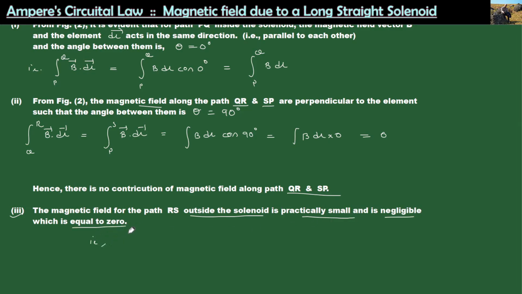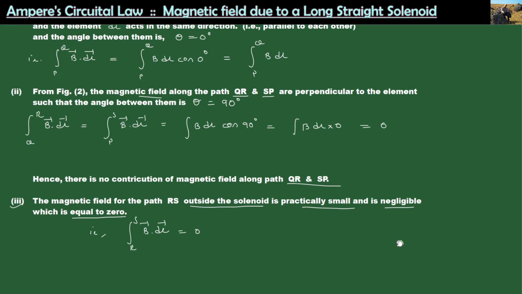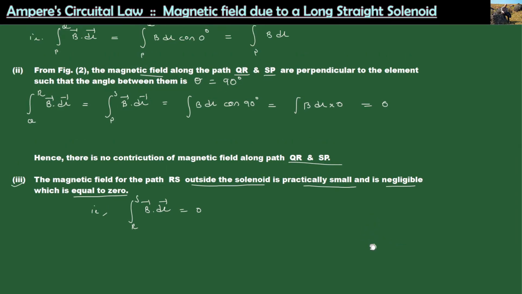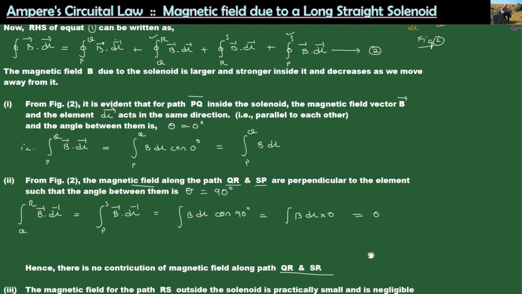That is, the integration for that arm R to S of B dot dl will be equal to 0. Next, we have to find the net contribution due to this equation 2.